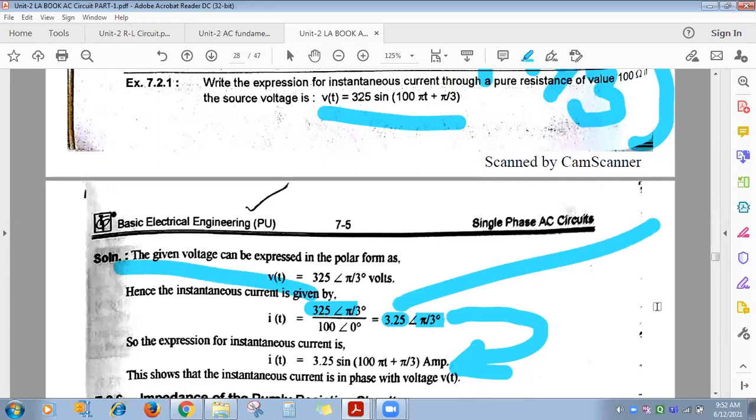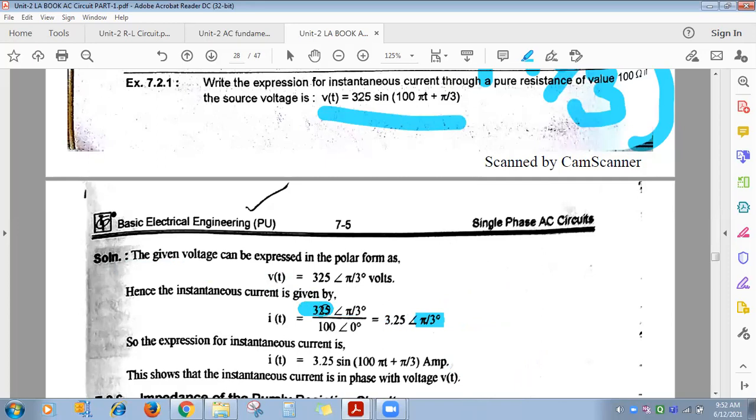That's why I told you to use RMS or peak in polar form, it doesn't matter. Here they have used peak. If here you use RMS, then whatever current answer you get will be RMS. Then to write the current equation you have to convert that RMS to peak, because while writing the current equation we require peak only. That's why they have done the calculation in peak. So wherever required, use peak; wherever required, use RMS. Like this is the case.